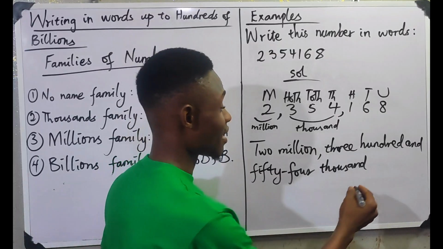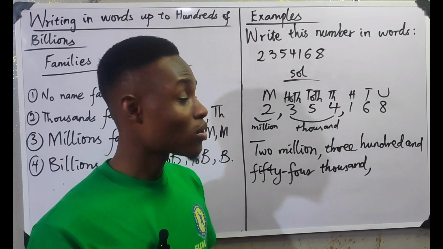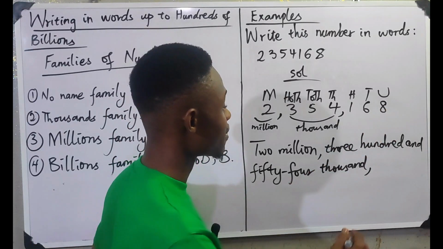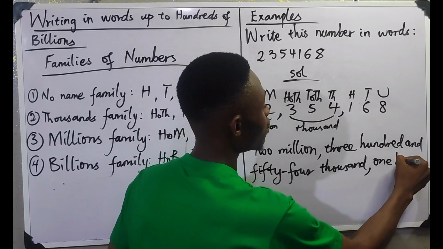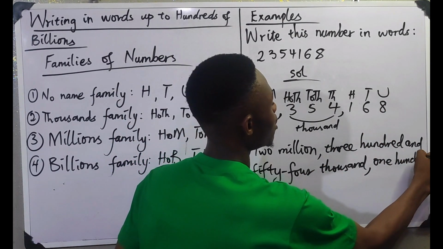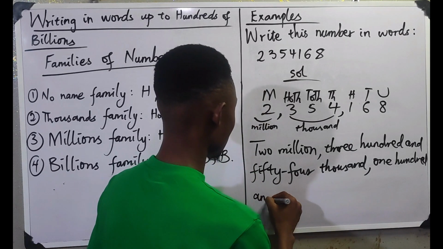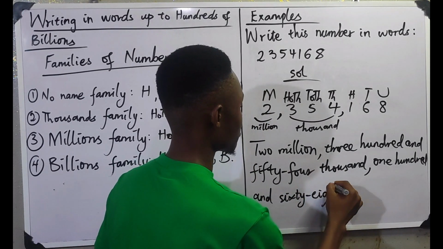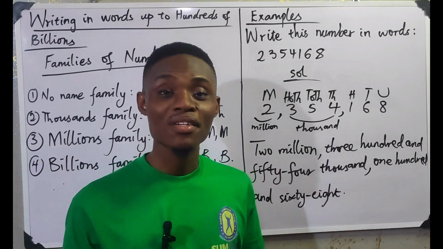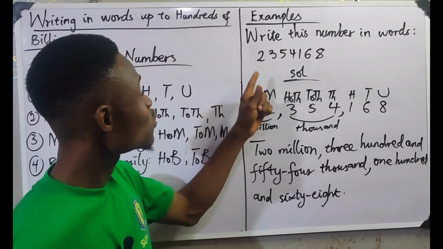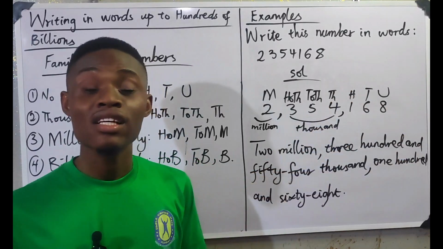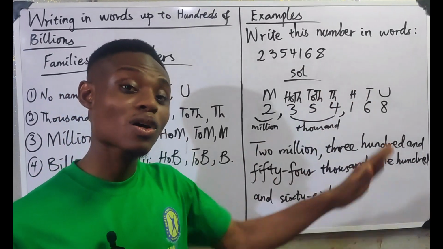Okay? Then put your comma. What are you having there now? 168. That's the last thing we have there. Here you go. So the number is 2,354,168. So we have just identified this long number.